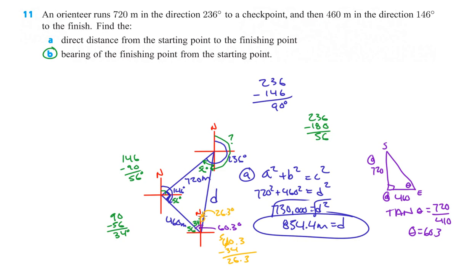Since these two lines are parallel and there's our little transversal from geometry, this angle right here is also 26.3 degrees. So we can take 180 plus this 26.3 to get our bearing angle.